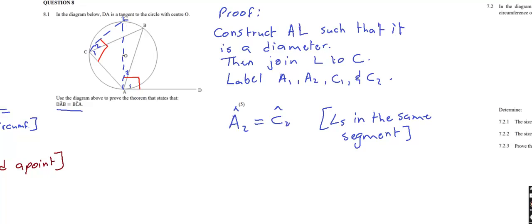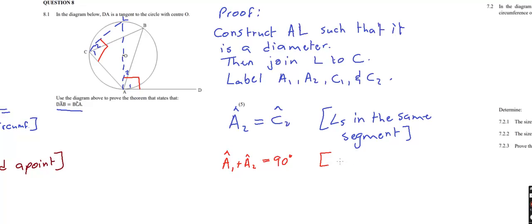And there's a theorem that says that a diameter subtends a 90 degrees at the circumference. And that is what we are using here. So I'm going to use this red color to write those things down. So A1 plus A2, which is the angle formed by the diameter and the tangent, is equal to 90 degrees.